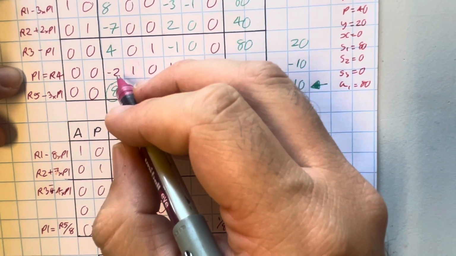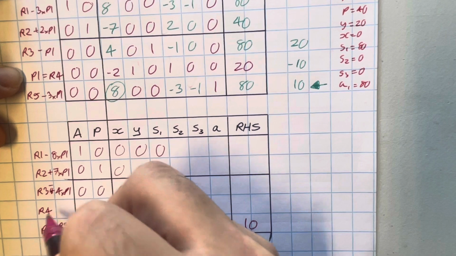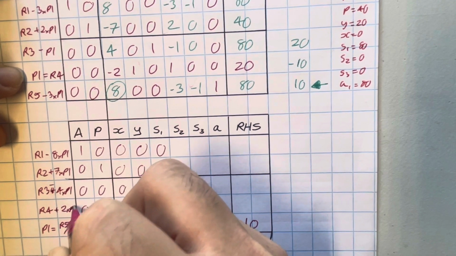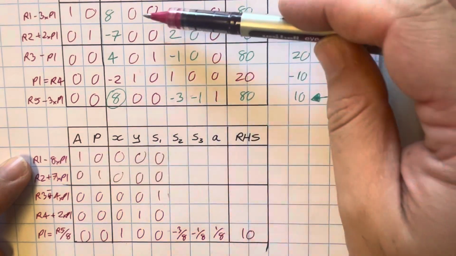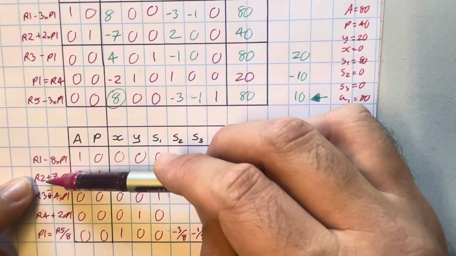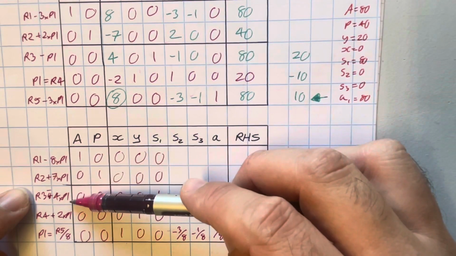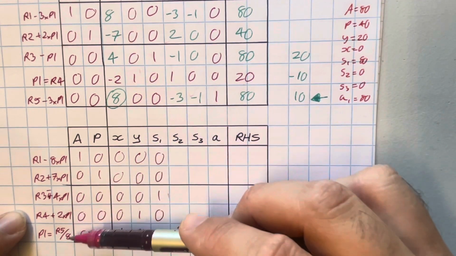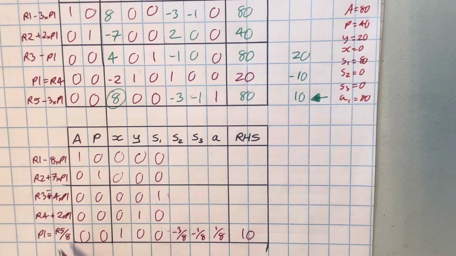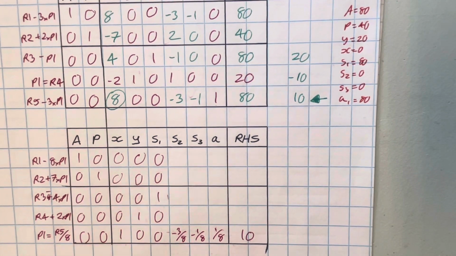And then we're going to do row 4, plus 2 times the pivot row. Now don't forget that R1 is row 1 of the previous tableau. R2 is row 2 of the previous tableau. R3 is the previous tableau. R4 is the previous tableau. But PI is R5 of the new tableau. Okay, so I've defined it. Pivot row equals row 5 over 8.